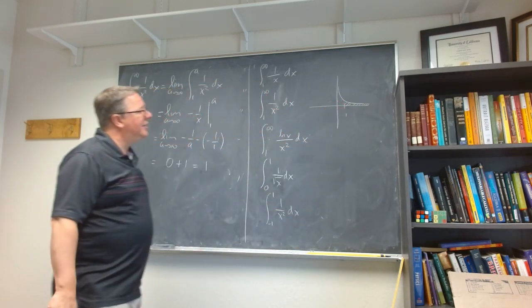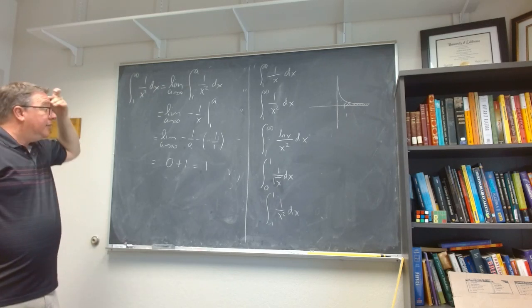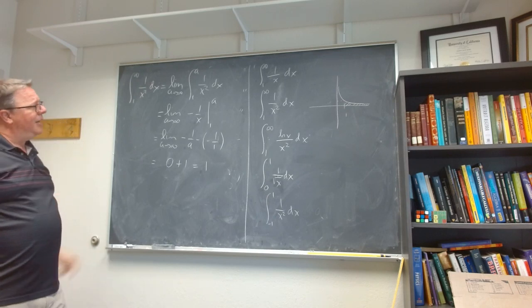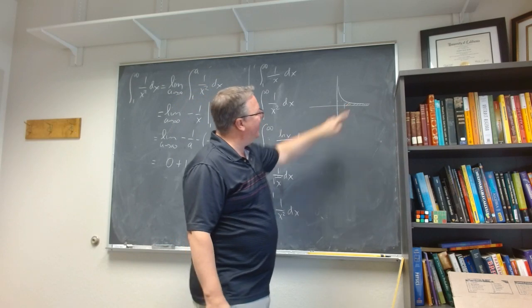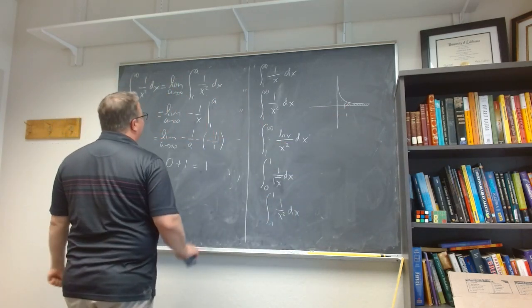It never actually touches the x-axis. So more strangeness can occur, and we're going to keep going. Let's look at the third one. The third graph also looks something like this. So let's see what this does when we do the same process.